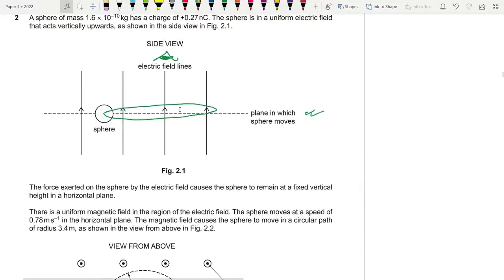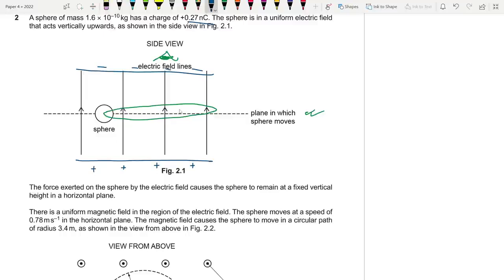So basically, this charged sphere, right? So this is an electric field. That means the positively charged plate is over here, and the negatively charged plate is over here. This would typically cause our sphere to move up or down, right? Since it's charged, it does have a charge, right?